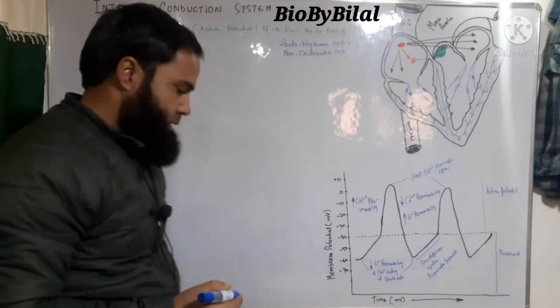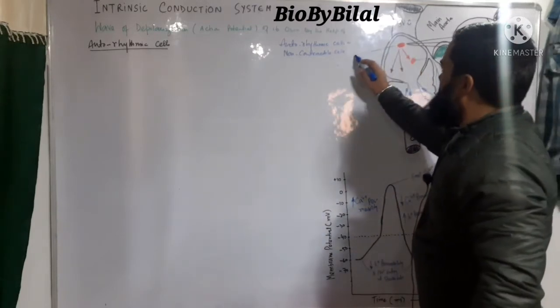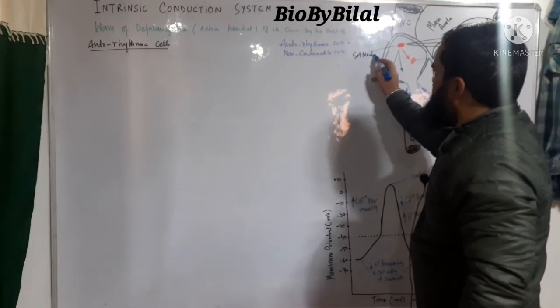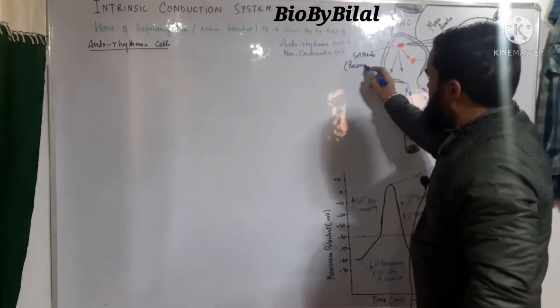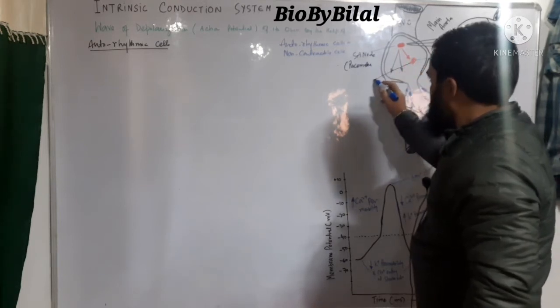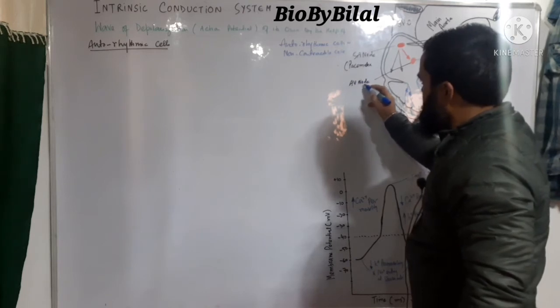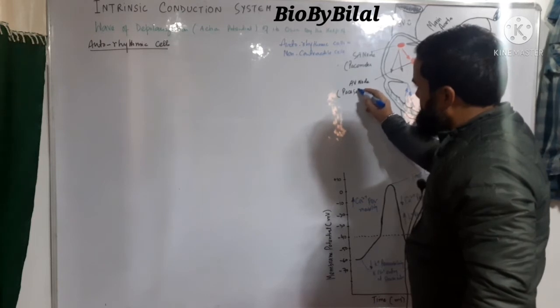They are found here in the form of the SA node. This is also called the pacemaker. It's also found in the form of the AV node. It's called the pace setter.